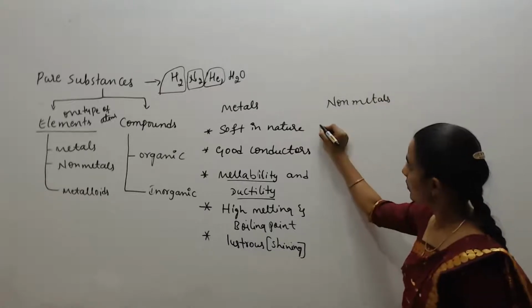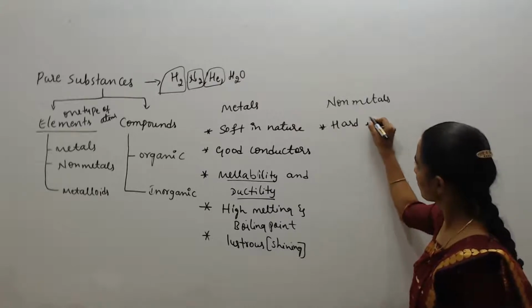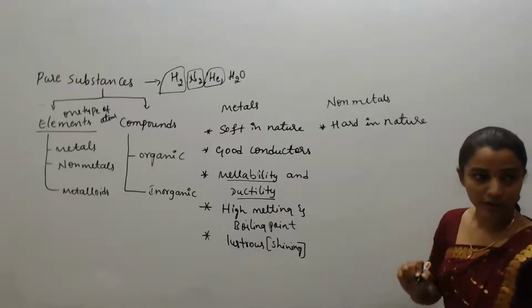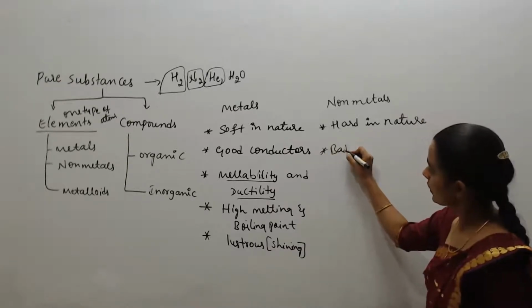Next, non-metals. Non-metals are hard in nature. They are exactly opposite to metals, students. They are hard in nature and bad conductors of electricity.